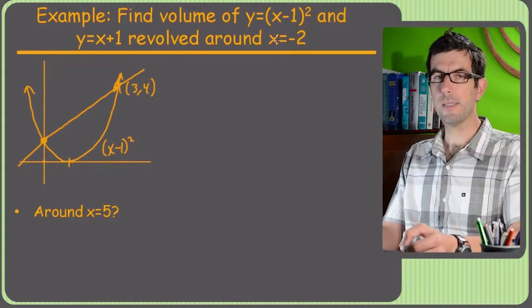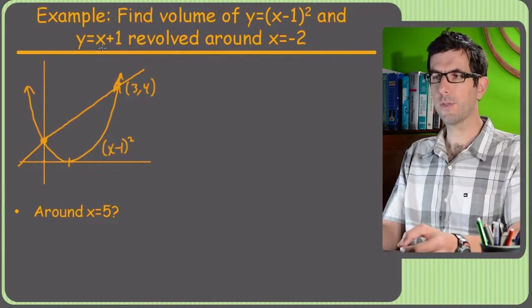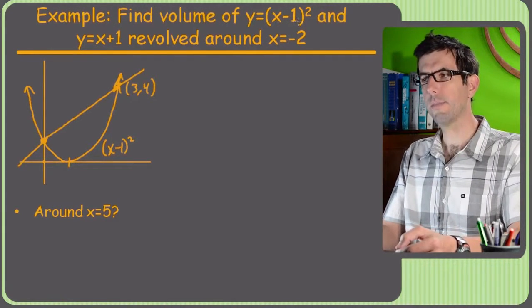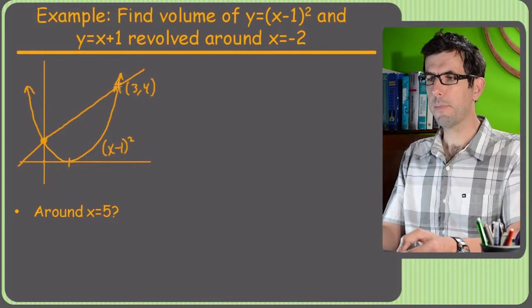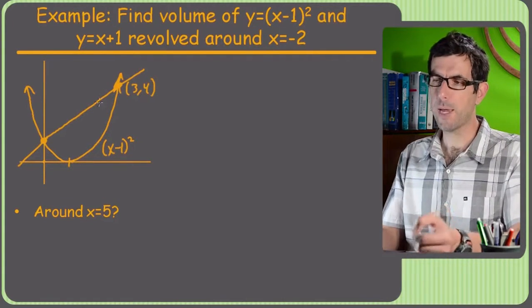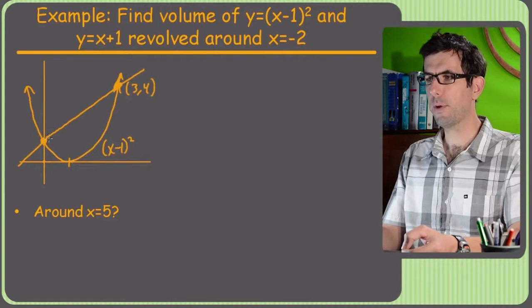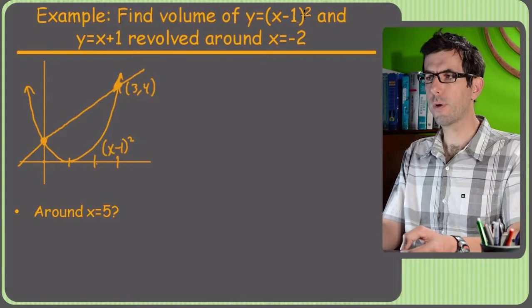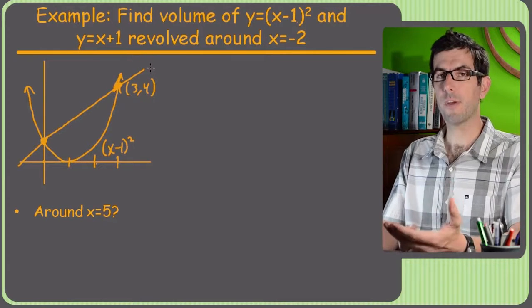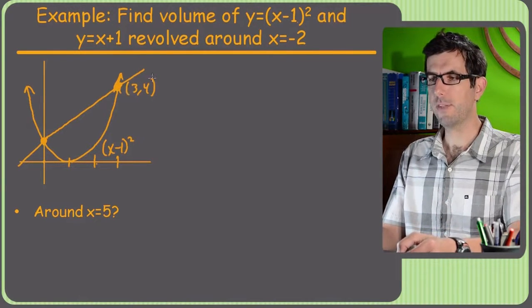The way you get this is just by setting the two functions equal to each other. So set x plus 1 equal to x minus 1 squared. What might be easier is just to guess and see if you're right. So this clearly works for both. And if you plug in 3 into both functions, 3 minus 1 is 2 squared is 4, and then 3 plus 1 is also 4. So 3 comma 4 works for both functions, which means that's the point of intersection.